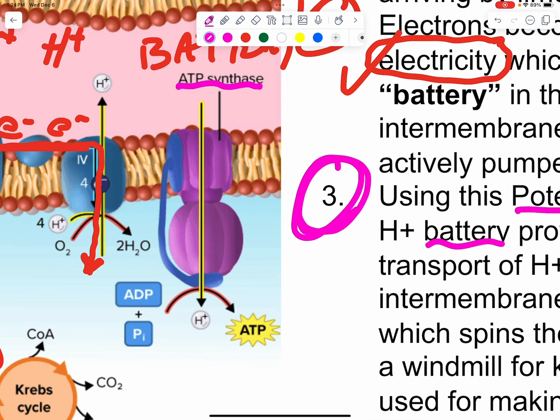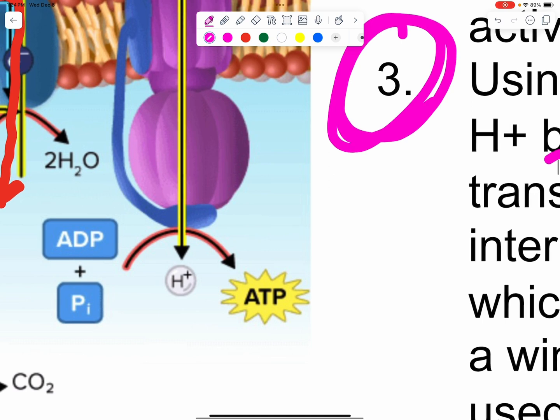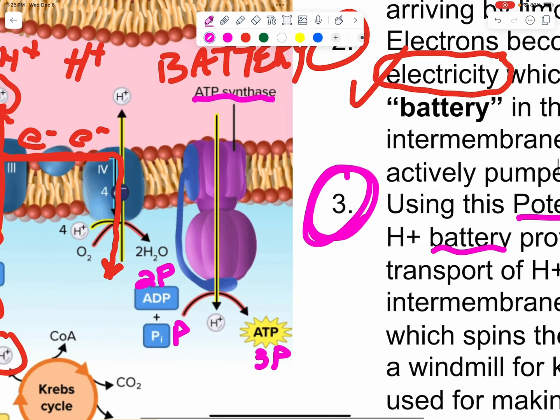A very good name for it because it's going to synthesize ATP. How does it do that? It makes ATP, which is 3 phosphates, from 2 phosphates when you add a 3rd phosphate. Where does it get the energy in order to make that bond? With the flow of hydrogens.